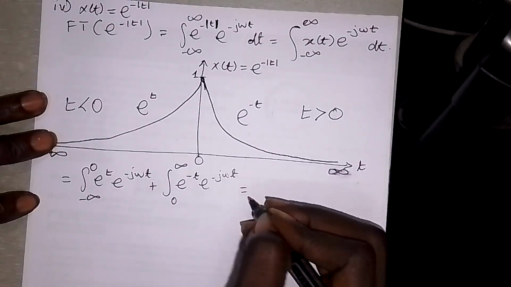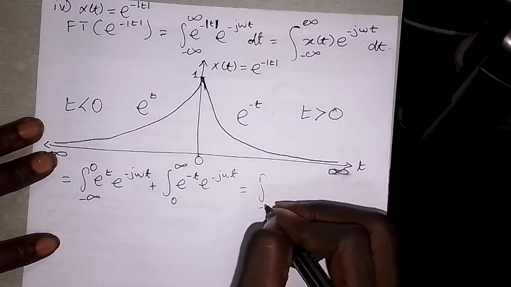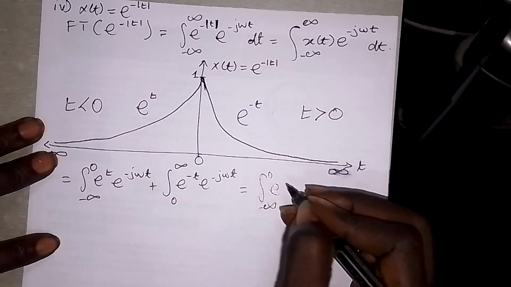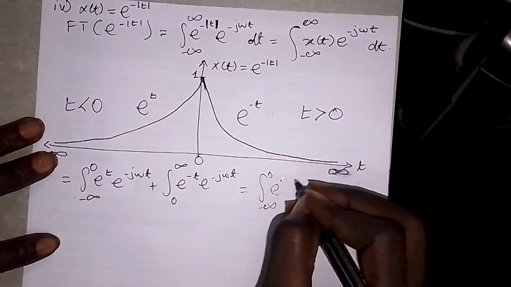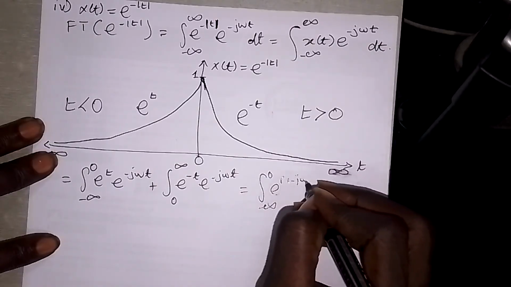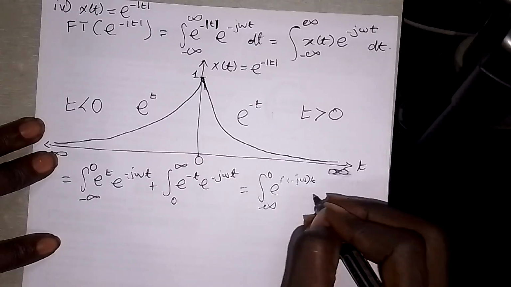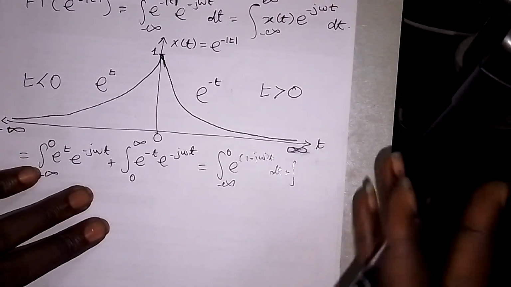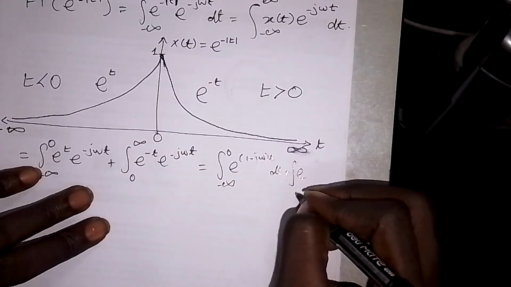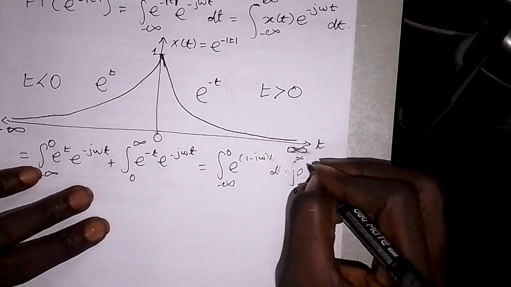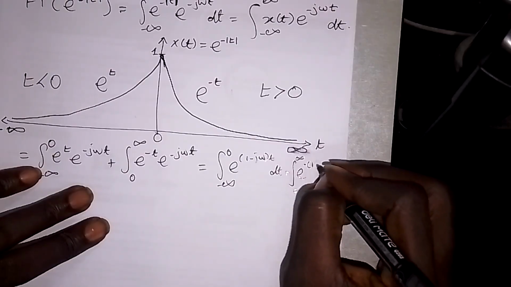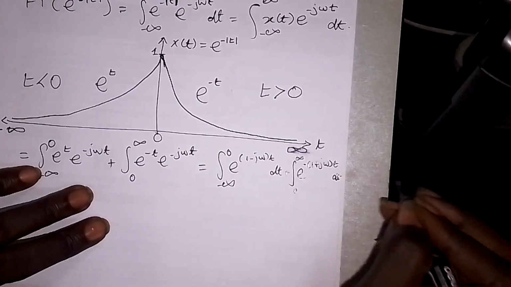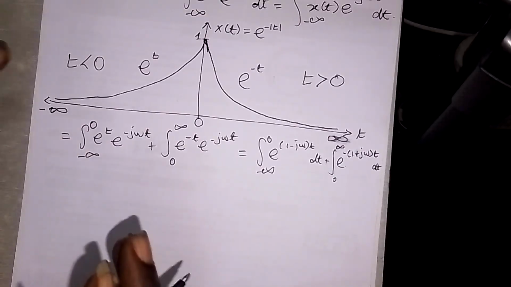So these will be equal to the integral from minus infinity to 0 of e to the power (1 minus j omega) t dt, plus the integral from 0 to infinity of e to the power minus (1 plus j omega) t dt.